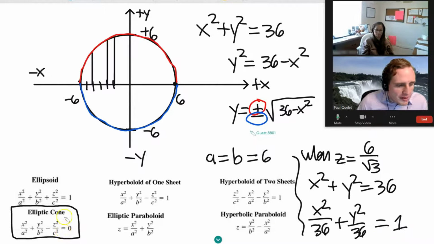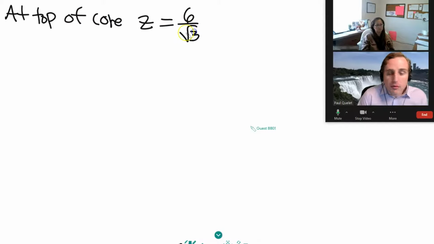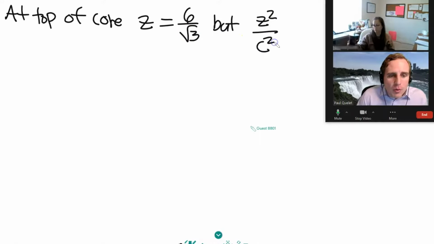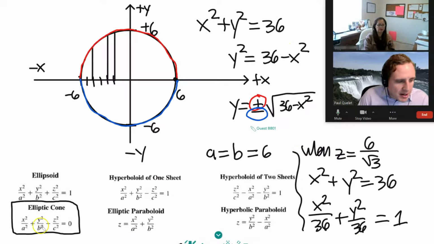But notice, usually it's equal to 0 over here, but what that means is at the top of the cone, we know that z equals 6 over square root of 3. We've already established that. What that also means is z squared over c squared has to equal 1. Now let's think about why that is. It's because if this is 1, so imagine this is like, say, minus 1 right there.